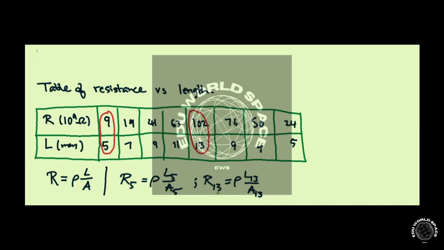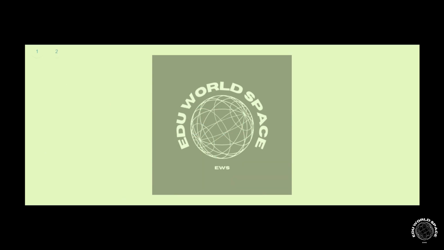A13. What we can do here is divide these two equations, or you can do this the long way, which is to solve one for rho and then substitute it into the other. But it's pretty short if you just divide them, so that's the approach I'll take here.